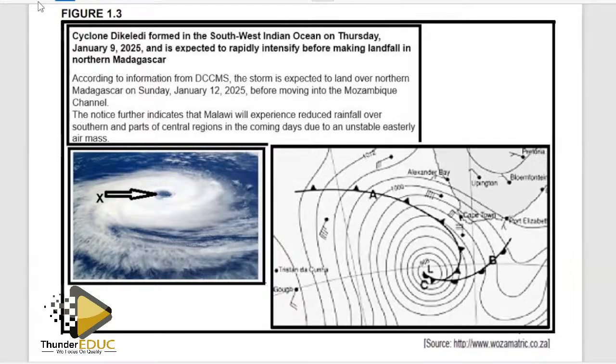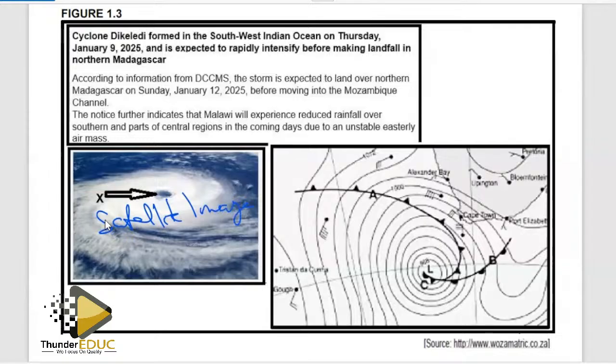And we have a satellite image, which is illustrated here. This is a satellite image. What we are seeing here is an illustration of the tropical cyclone in the form of a satellite image.